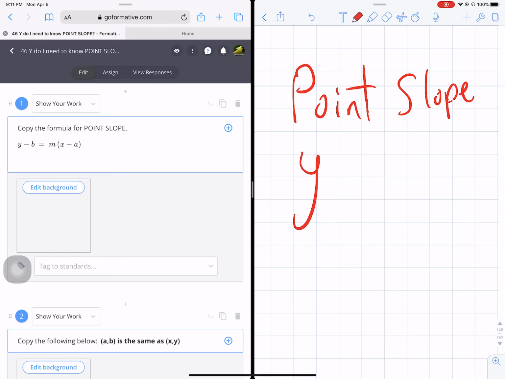You guys are currently used to this, y equals mx plus b, and as a reminder, we can take y equals mx plus b, and we can plot a line from there.